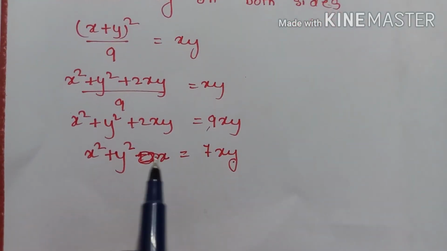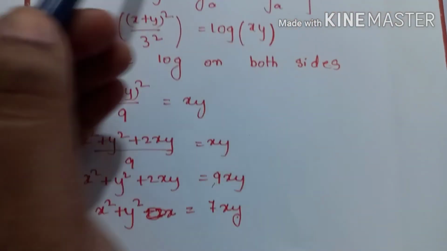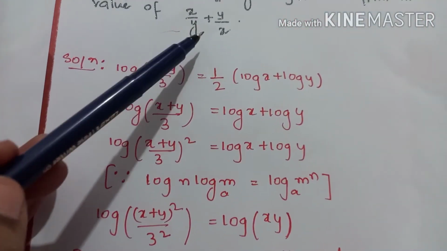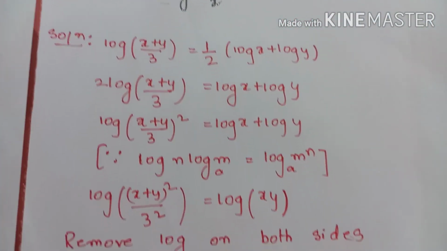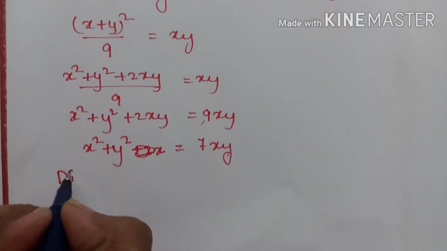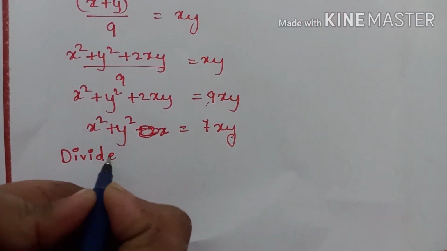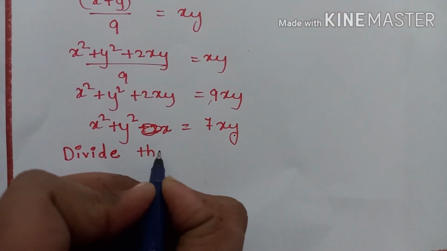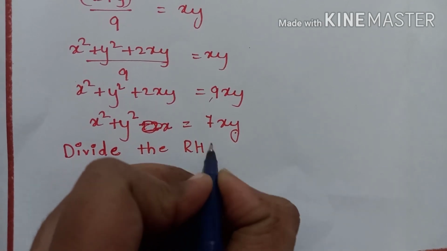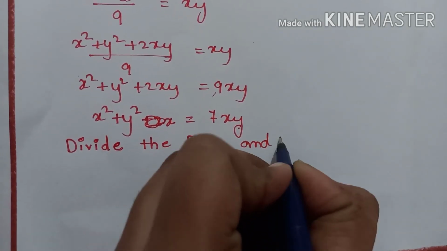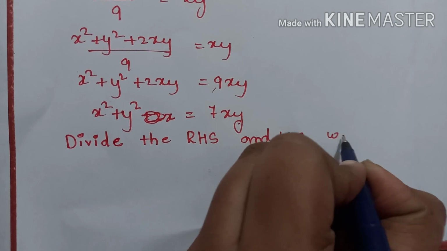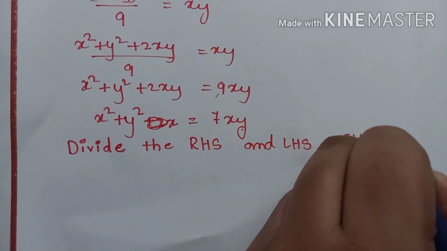Now to obtain x/y plus y/x, we have to divide the RHS and LHS with xy.